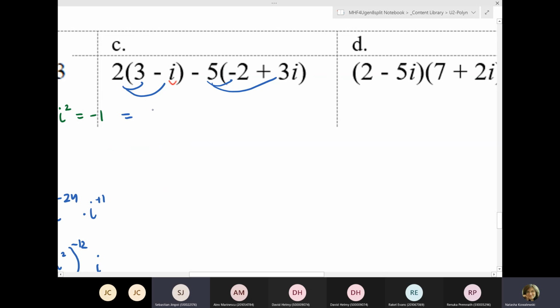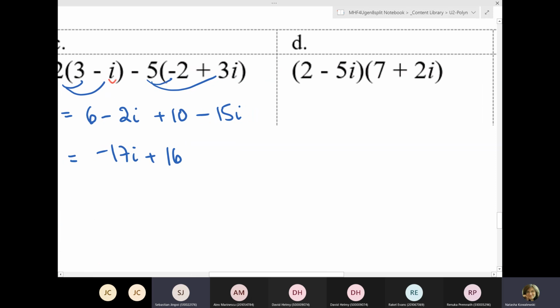So it would be 6 minus 2i, and then plus 10 minus 15i. Do you see any more like terms that we can combine? Yeah, so negative 17i plus 4 plus 16. Oh, plus 6, yeah, sorry. Okay. So let's do one more because that was very easy.